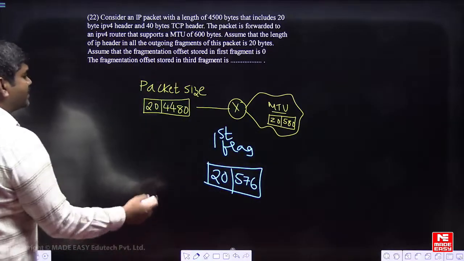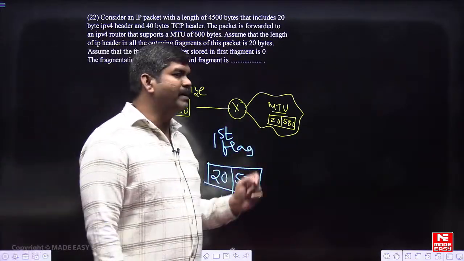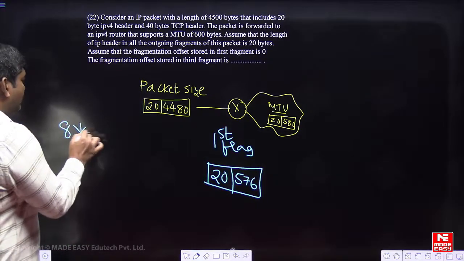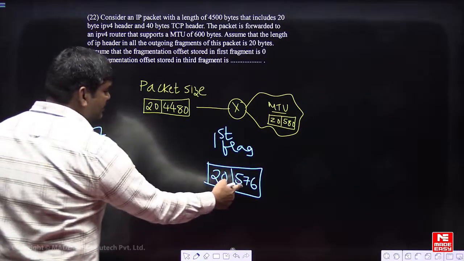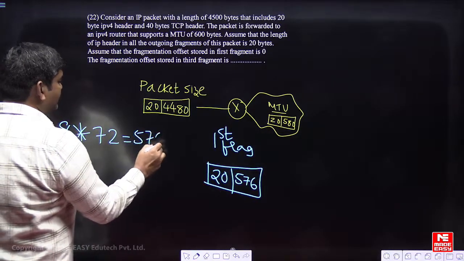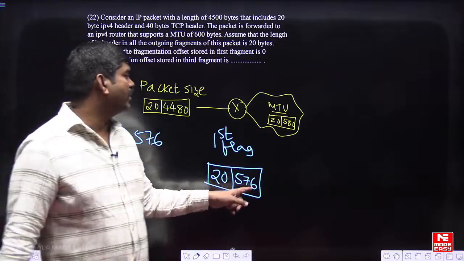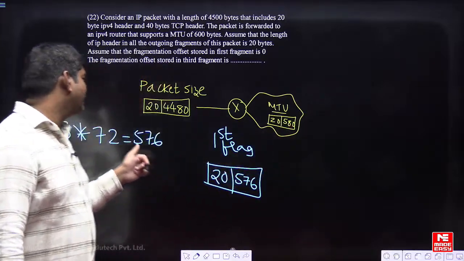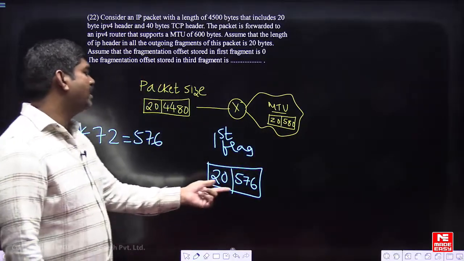Why 576? Because 576 is a multiple of 8, but 580 is not. Here 8 into 72 is 576. Then you could take 584 now, but 584 exceeds the limit of 580, but 576 is allowed. So that is how you have taken it.